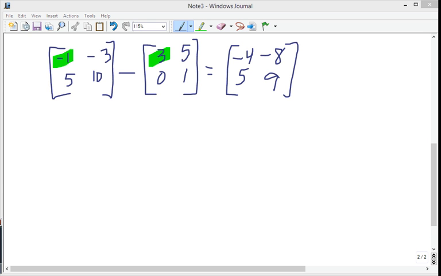Okay, so adding and subtracting just term by term, but they have to be the same size, exactly the same size in rows and in columns in order for us to add or subtract.